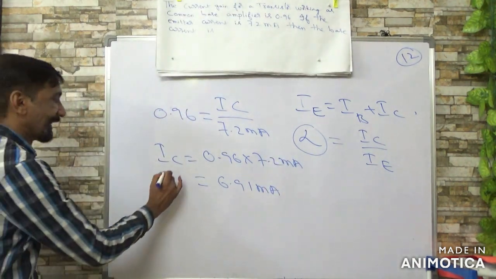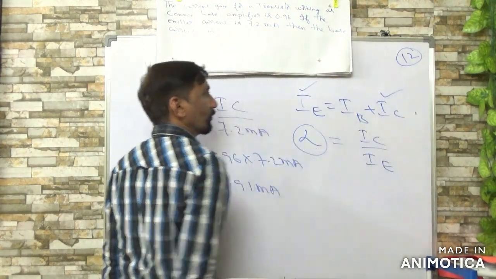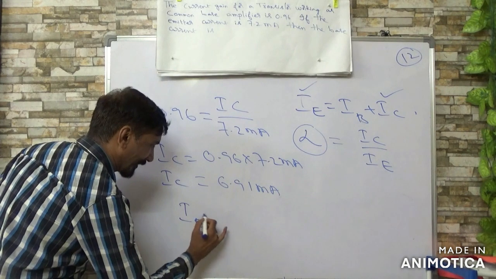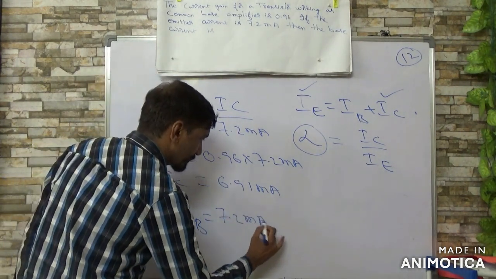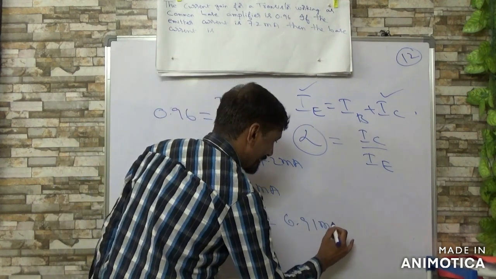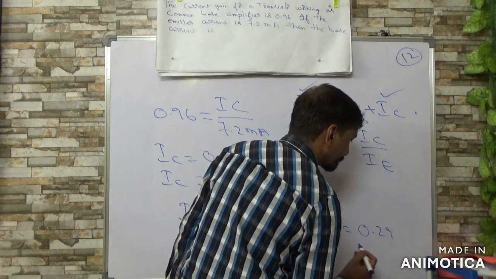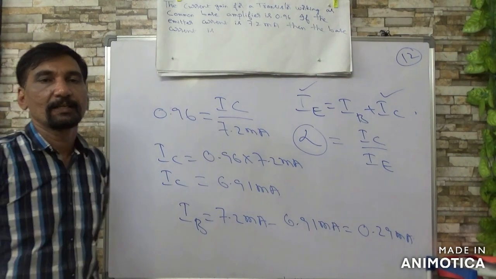That is collector current. So in this problem, emitter known, collector known. You can find base now. So base current is equal to emitter 7.2 milliamp minus 6.91 milliamp equal to 0.29 milliamp. So very less current is base.